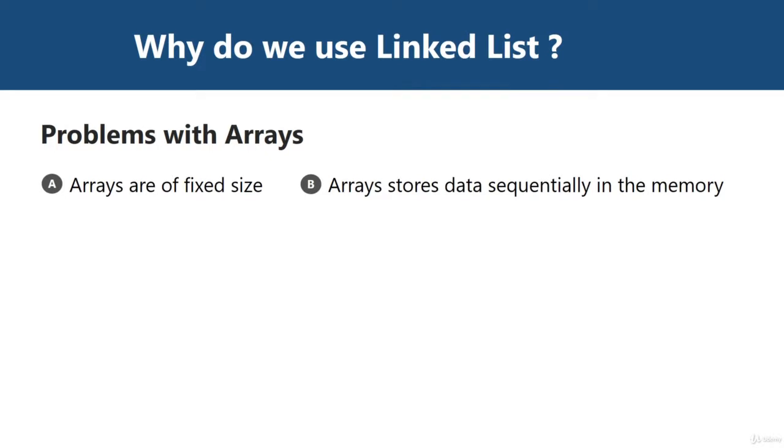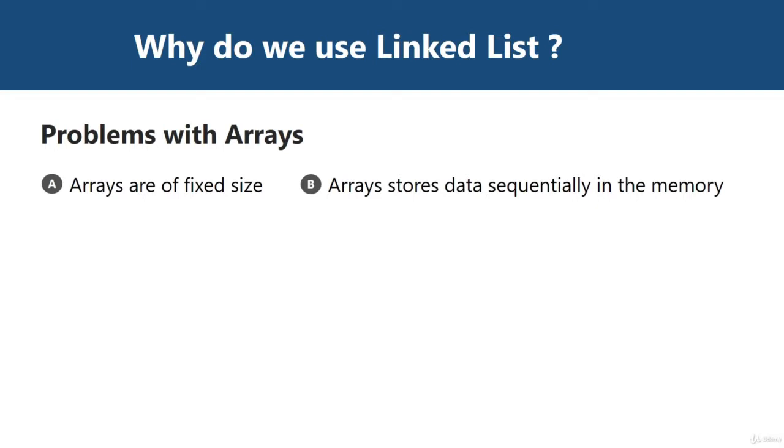So now let us talk about why do we use linked list. The size of an array is fixed. That's the problem. But why? In reality, we are not sure of the number of elements we will be needing. For example, today I want to store top 5 YouTube videos. But later I want to store top 10 YouTube videos.